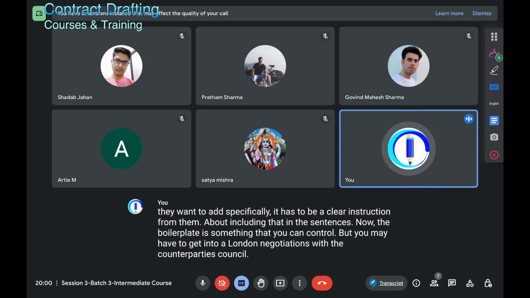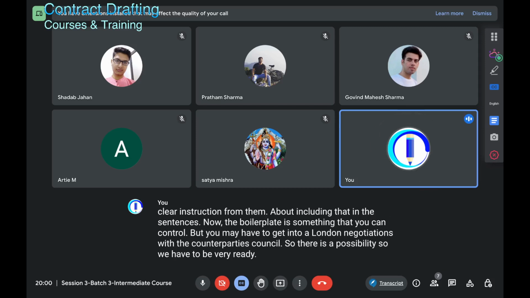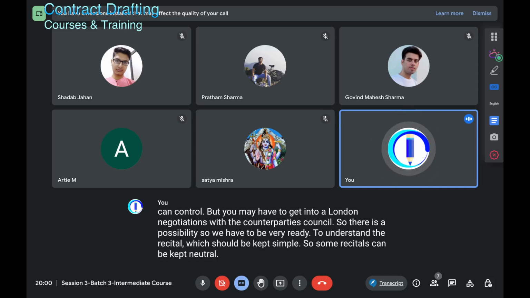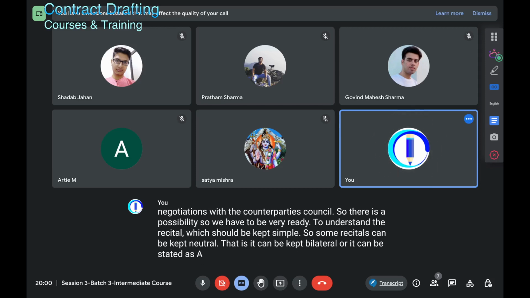So we have to be very ready to understand the recital, which should be kept simple. So some recitals can be kept neutral. That is, it can be kept bilateral, or it can be stated as a matter of fact instead of as an obligation.